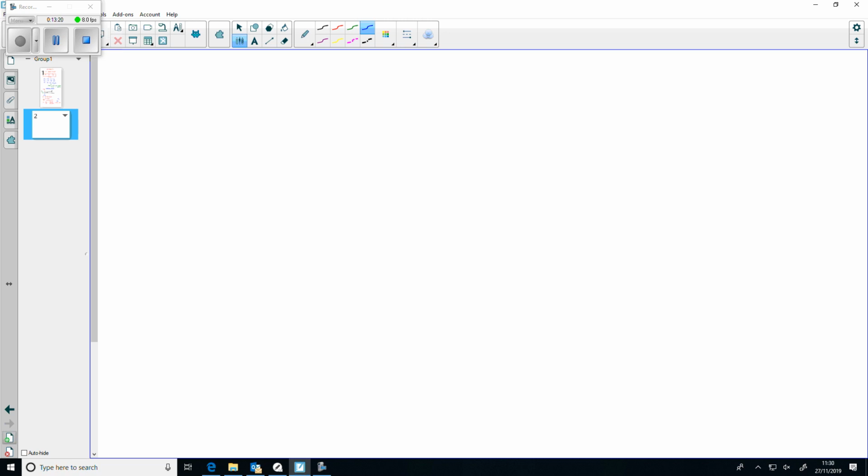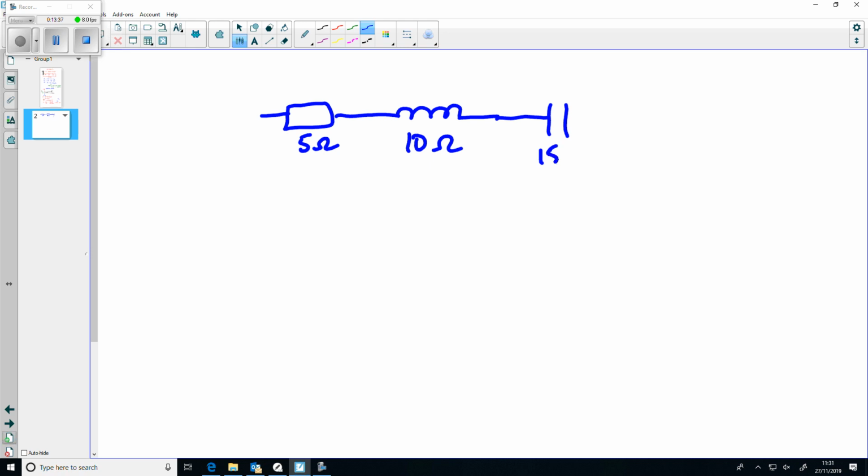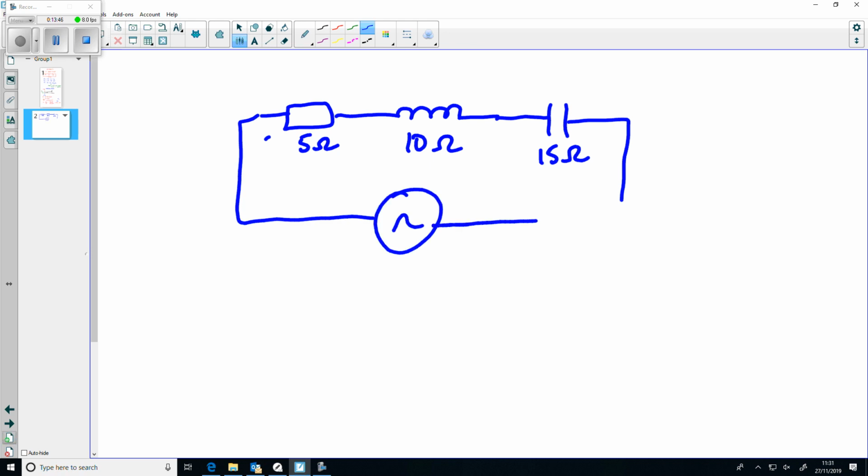So we're going to have a 5 ohm resistor, 10 ohms of inductance, 15 ohms of capacitance in series and connected to E equals 60 volts.